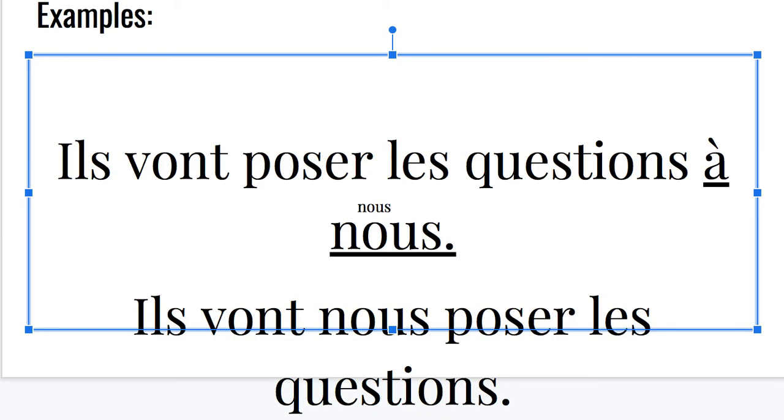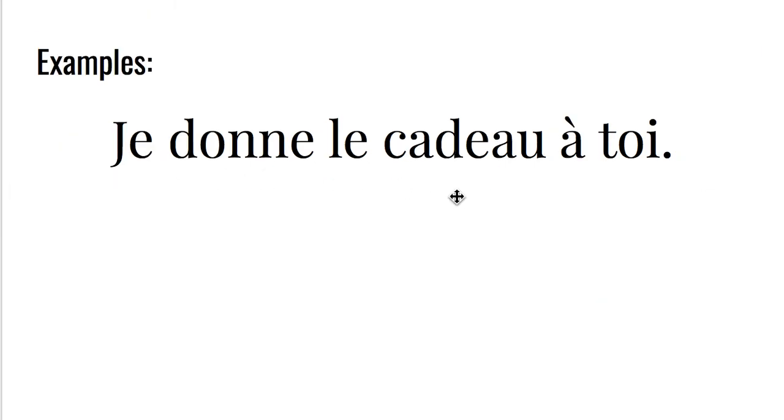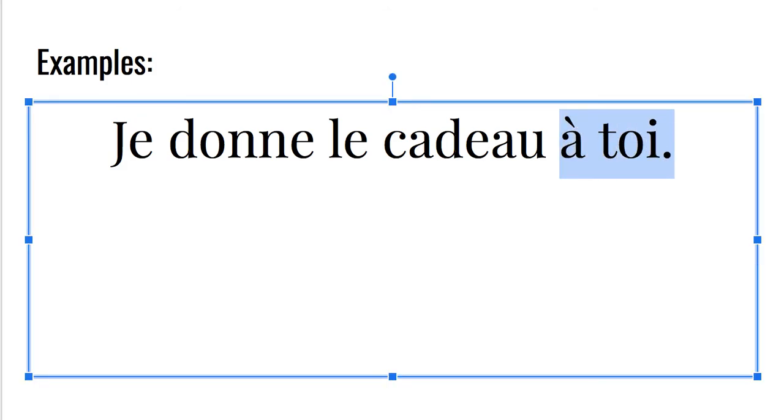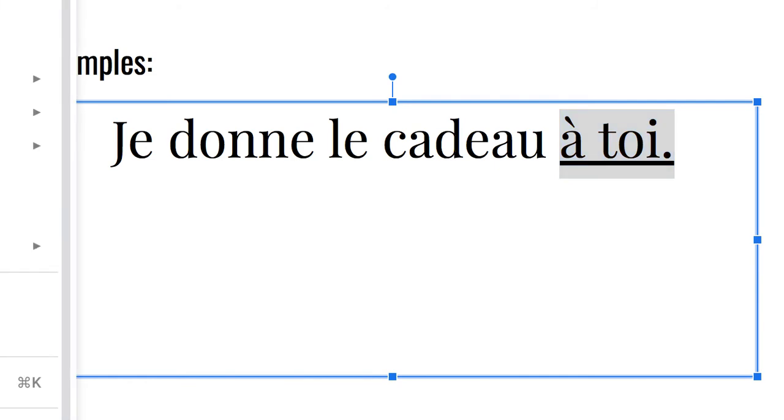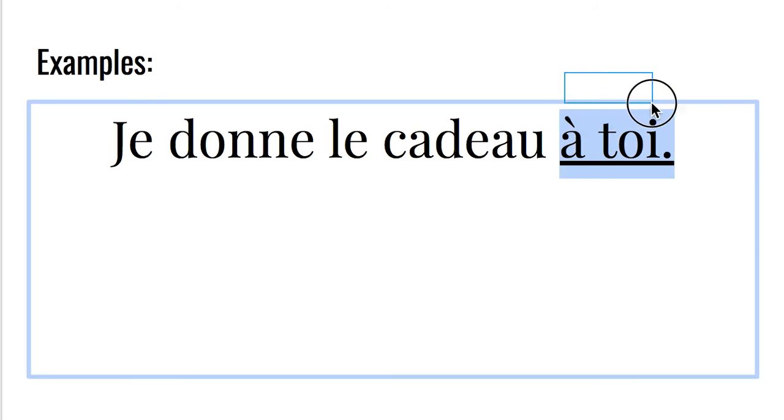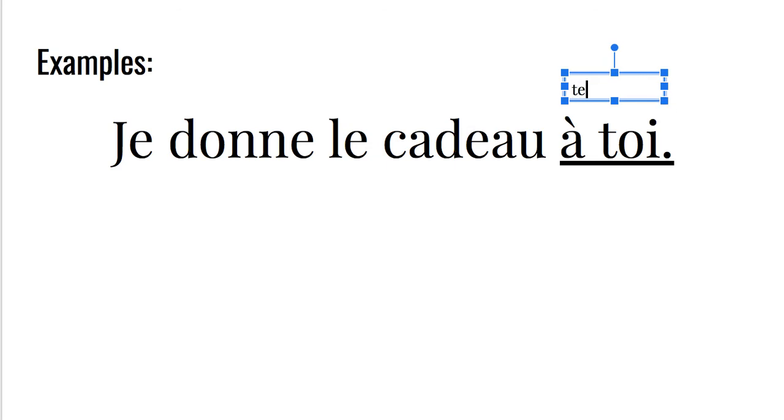Okay, we've got 3 more examples here, so moving on to the next one. Once again, pause the video if you need to, see if you can figure it out on your own, then come back and check your answer. So I look at my sentence, pretty easy to identify that my indirect object is à toi. Now I need to think about what I'm going to change that to. So put a little text box here. It's going to change to te. Then I need to think about placement.